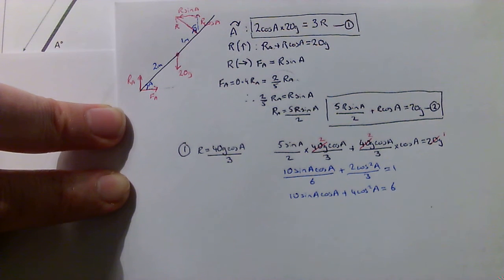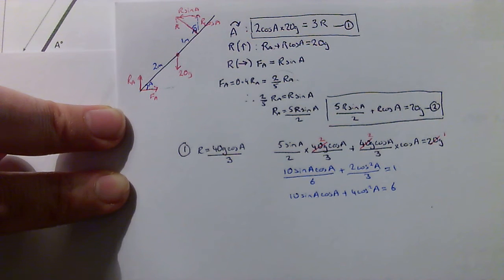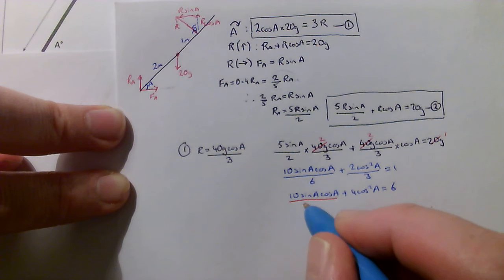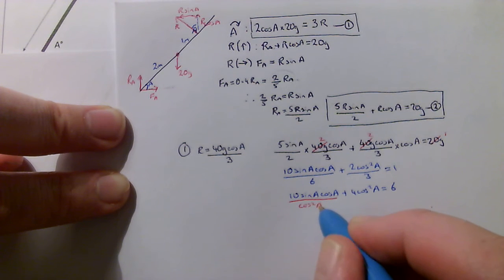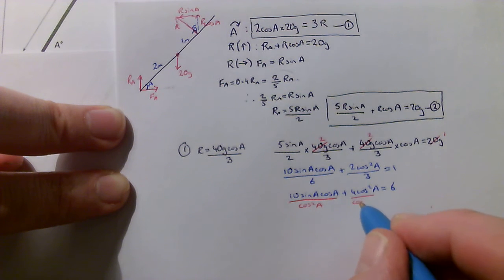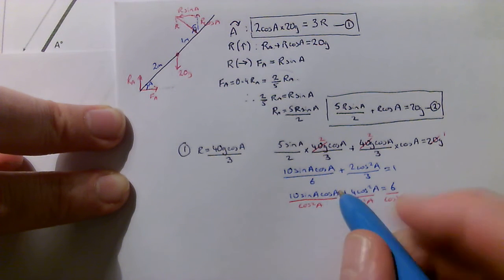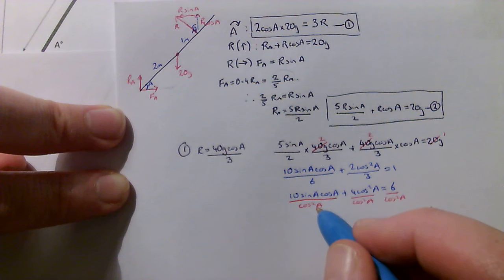Now, there are a lot of different ways to do this, and a student of mine was very impressive in demonstrating this as the easiest way, which is to divide everything through by cos squared A. Now, here I'm going to be left with cos divided by cos squared, so I'm going to be left with cos A on the denominator.